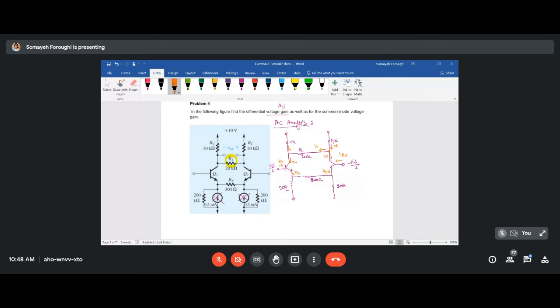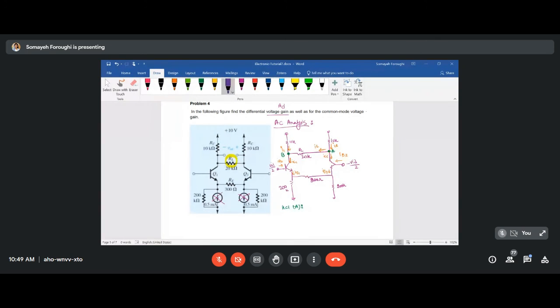And let me name this guy I1. Then you will need to do some KCL at point A and point B to find IC1 and IC2.